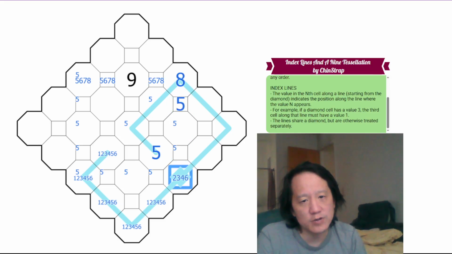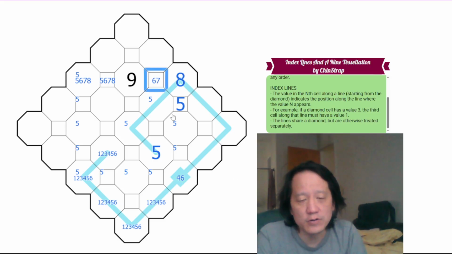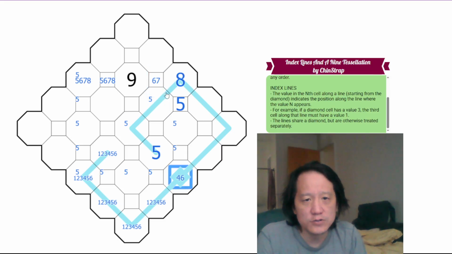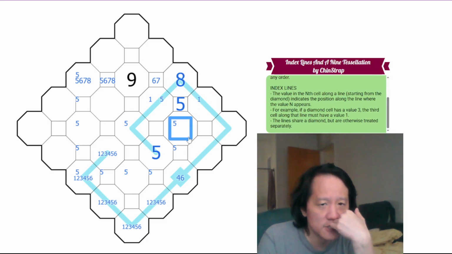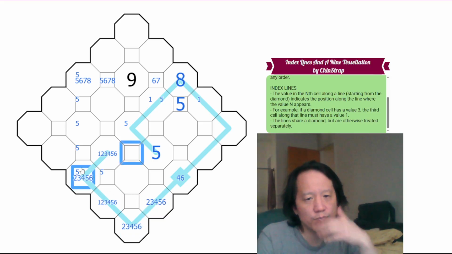And this would have to be 4 or 6 here. 5 and 8 could not be here, so this is 6 or 7. So 1 would have to be one of these two if that were the case. So 5 could not be here, 5 could not be here, 1 could not be either of these two, and could not be here.